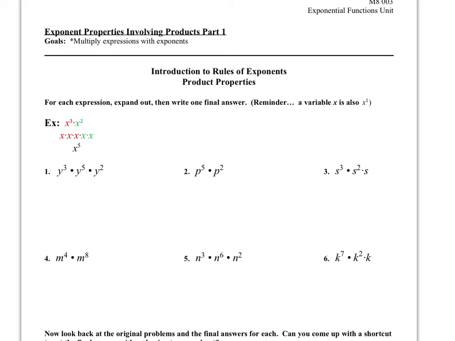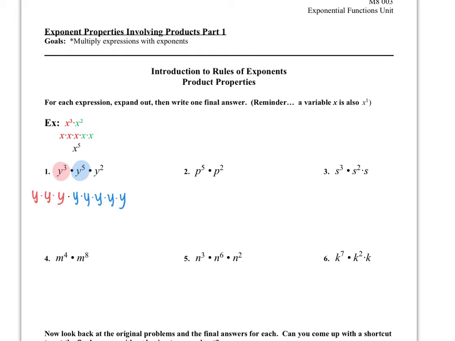Let's try one more together. For the first part of my number 1, I've got y to the third, which would mean I'm going to multiply y by itself 3 times. Then I'm multiplying this by y to the fifth, which would mean multiplying y by itself 5 times.